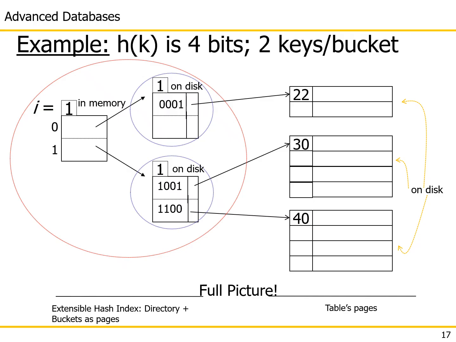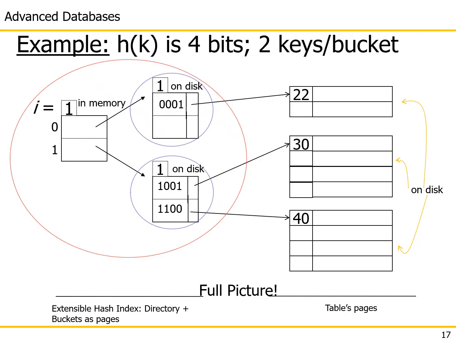So this hash index, this extensible hash table, is the thing that appears on the left here, circled with this red circle. Now, it has two components: the directory in memory and the pages on disk. I go first to the directory to find out which page to load from disk, and from that page I will know where is the row.